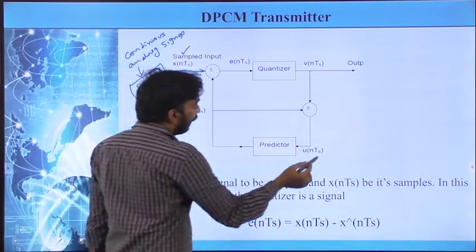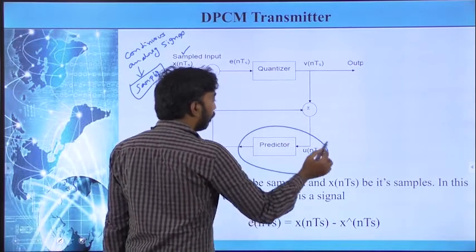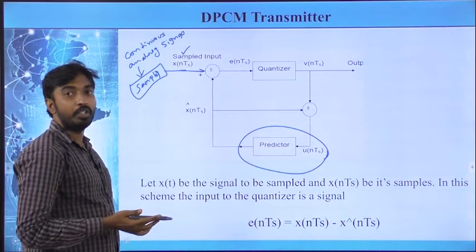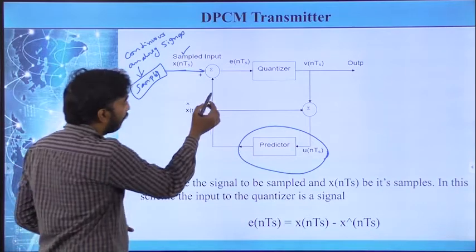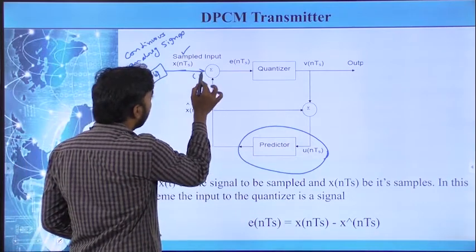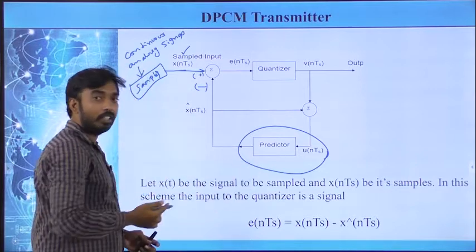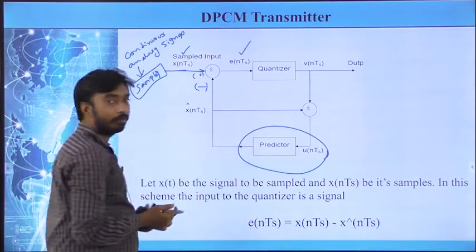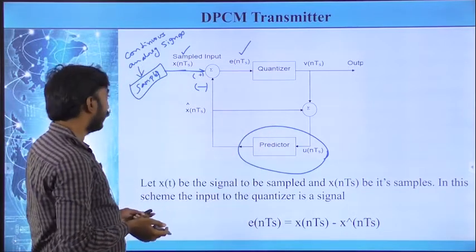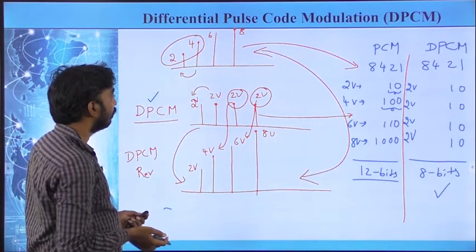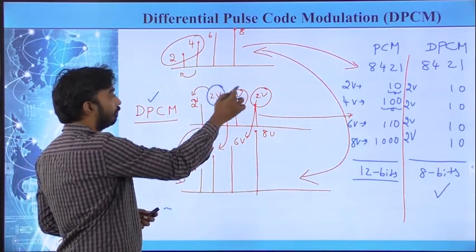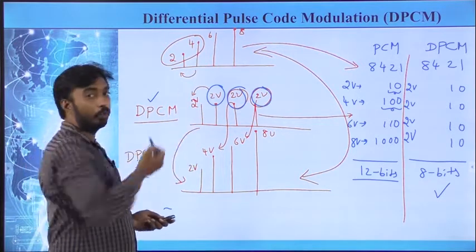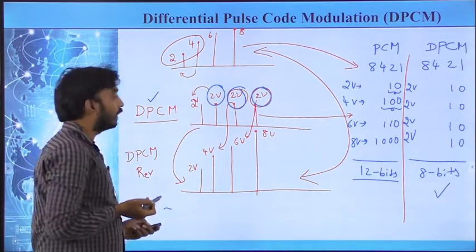Now I am using the predictor which will predict the previous sample. The present sample and the previous sample are subtracted and an error signal is generated, right? The error signal is nothing but this one, 4 minus 2 volts. So that is the error signal.